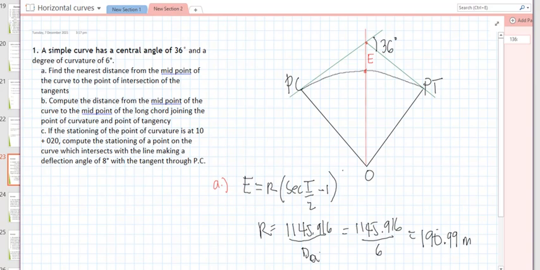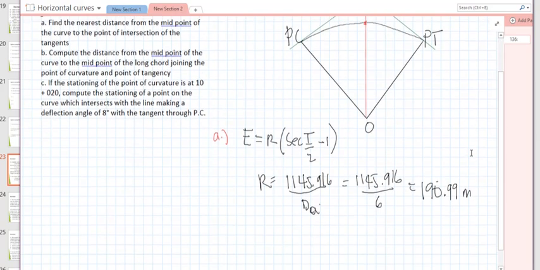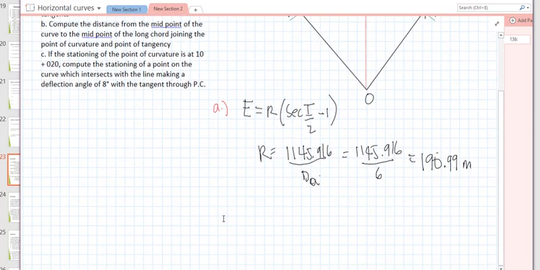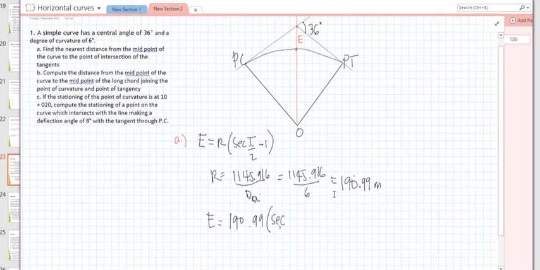So from there we can compute for the value of E, or the external distance. So using this formula, E is equal to R, 190.99 times secant I over 2, central angle of 36, no?